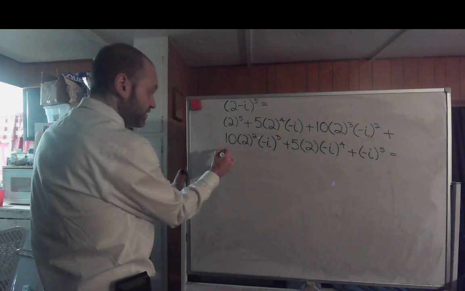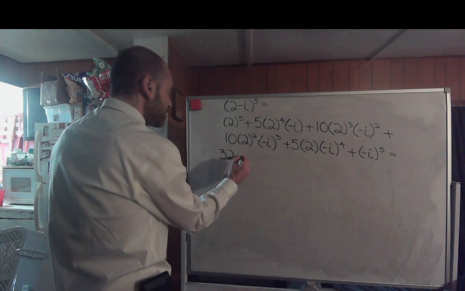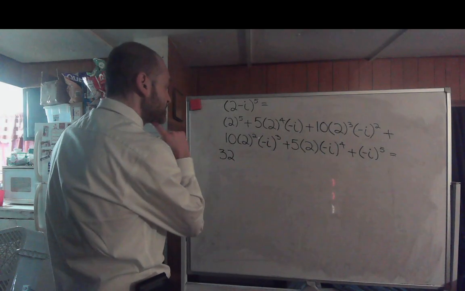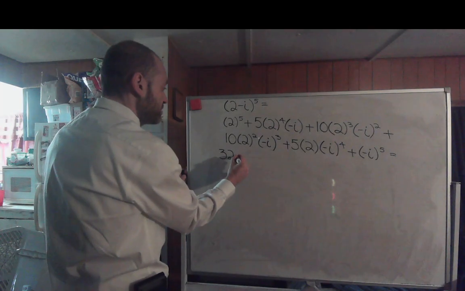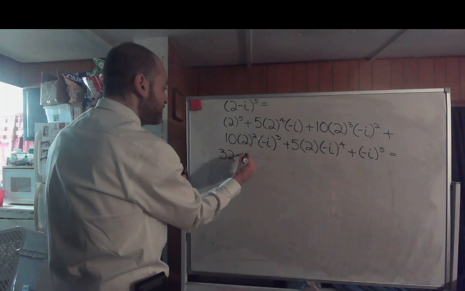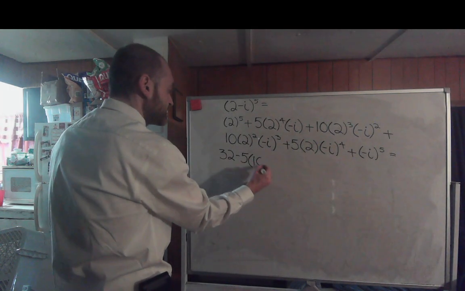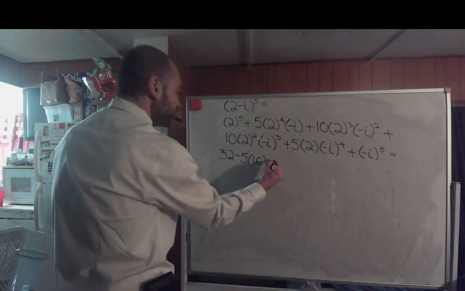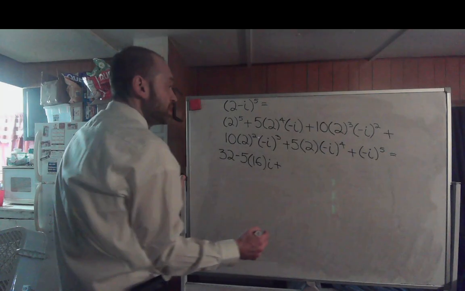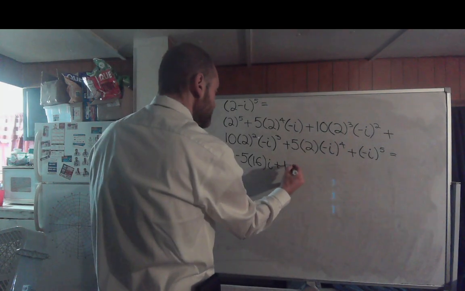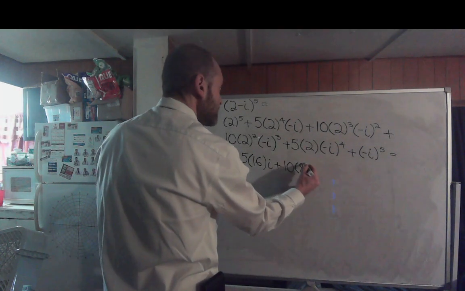Well, 2 to the fifth is 32, that much we know. Alright, so that minus we can multiply by 5, so this will become minus 5 times 2 to the fourth is 16 times i. Alright, now we'll have 10 times, what is 2 to the third? That's times 8.